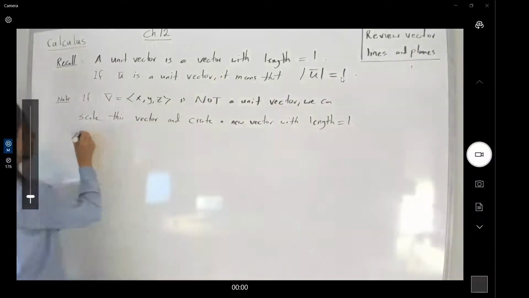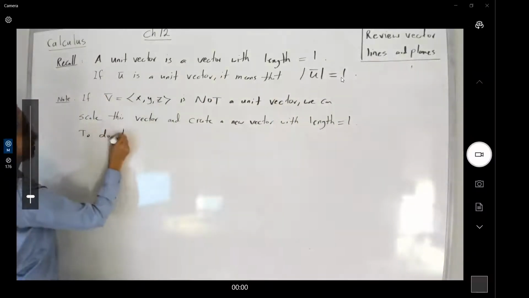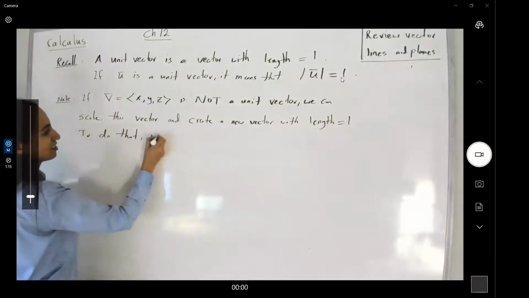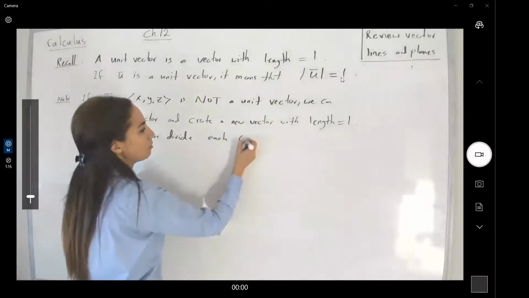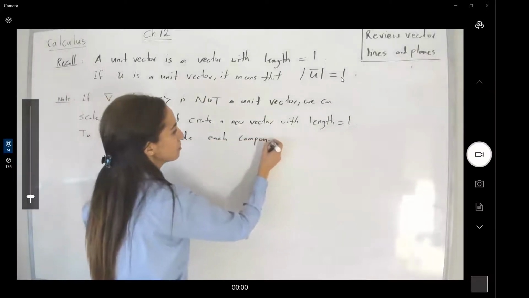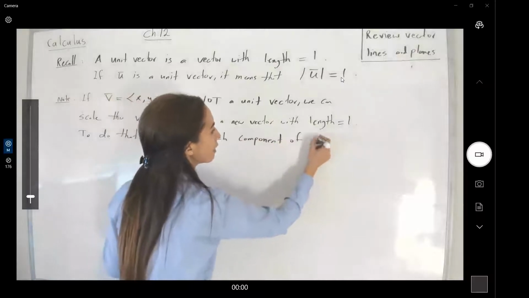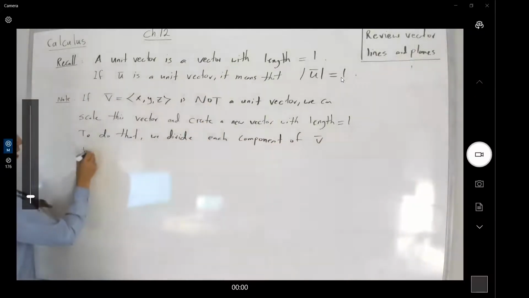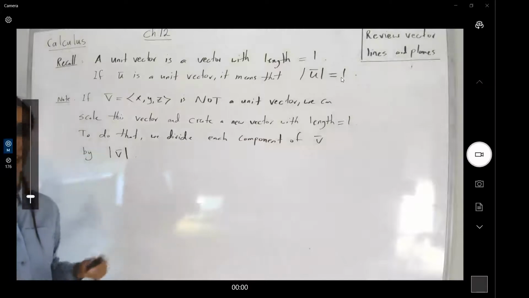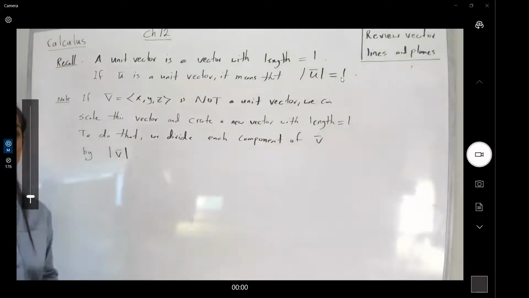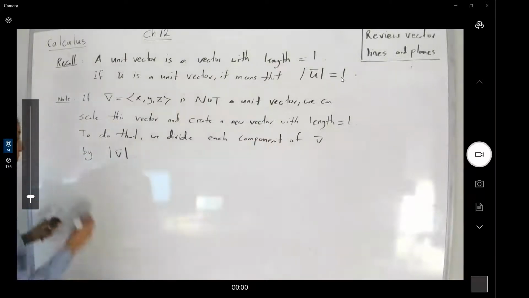To do that, we divide each component of vector V by the magnitude of vector V. That way, we create a unit vector.